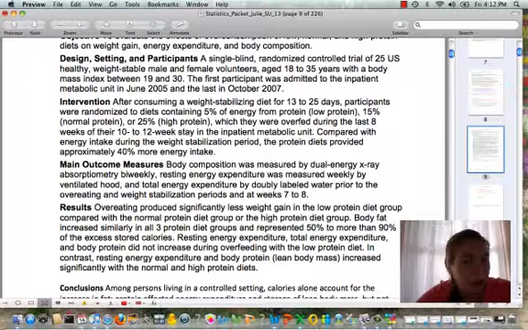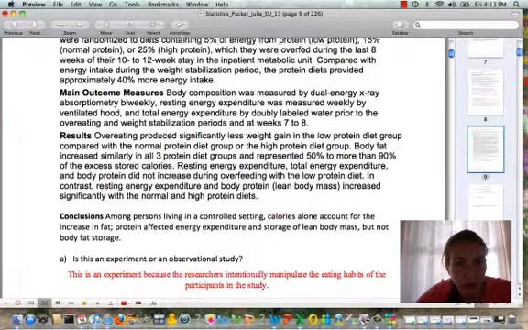And then they were all overfed, so there doesn't appear to be a control group. A control group, we know from our vocabulary, would be a group that receives no treatment, right? So all participants were put into one of 3 categories. So it would appear that there was not a control group here.